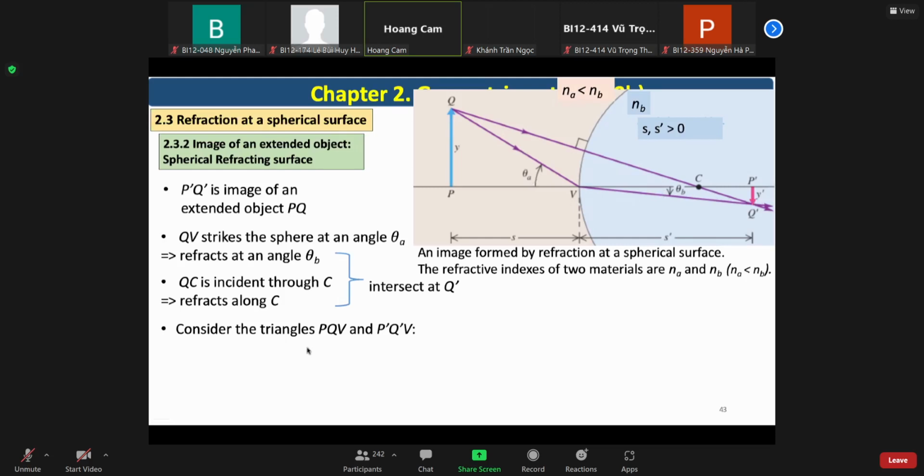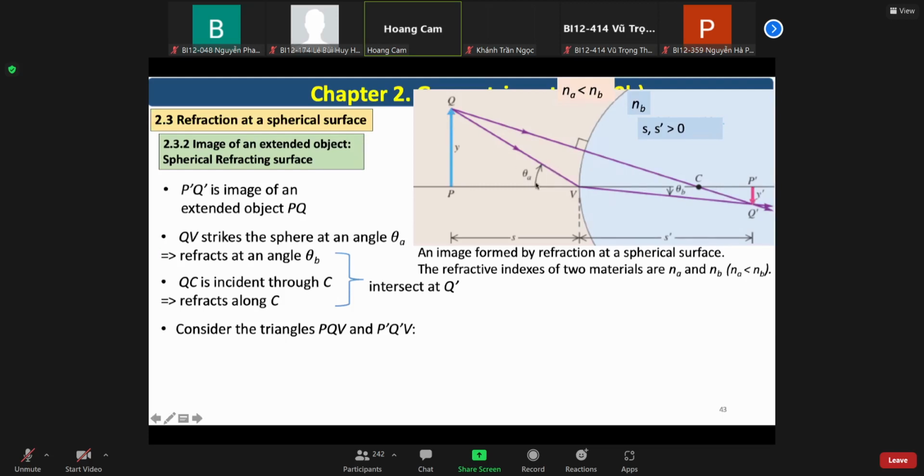In order to do that, we want to know how the spherical refracting surface changes the size of the object. So we need to see the relationship of the two heights here.